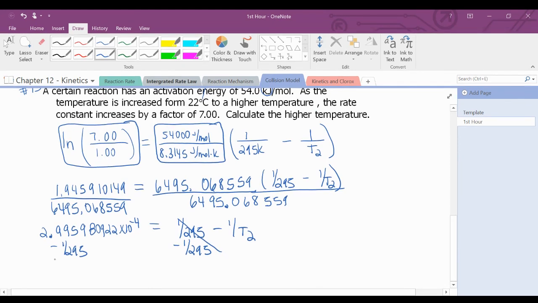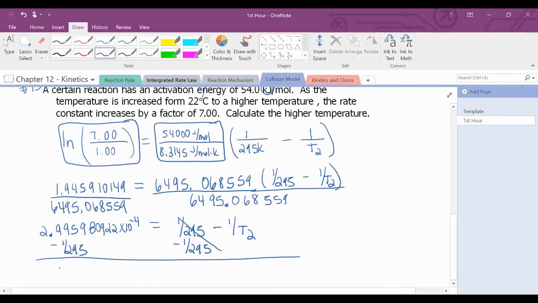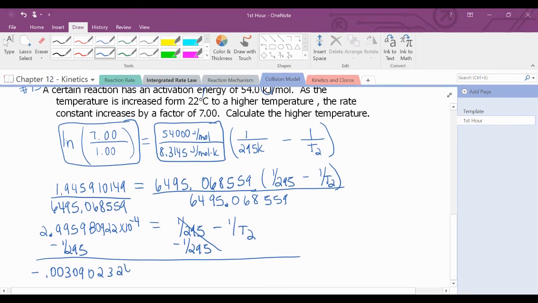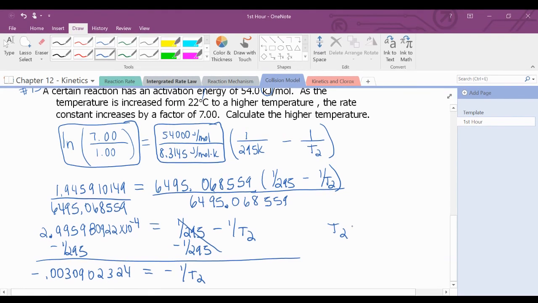And so now I have this. So we're going to take the negative inverse of both sides. And so T2 is going to be equal to 324 Kelvin.